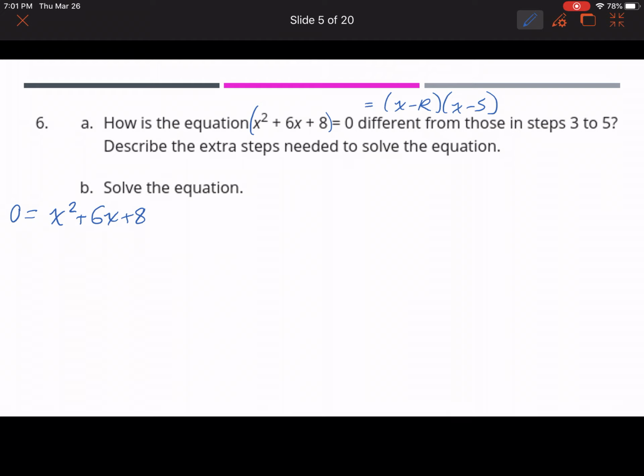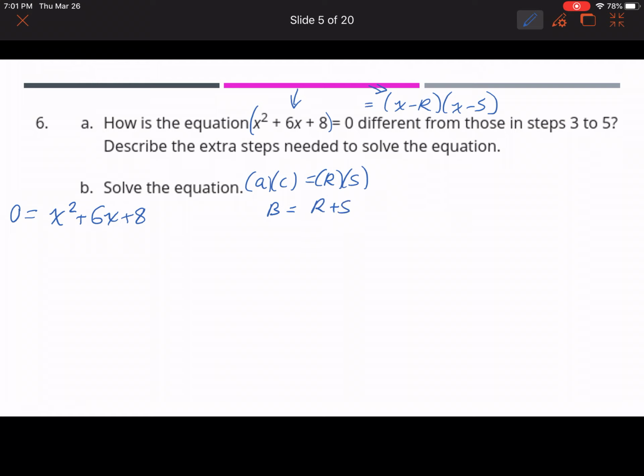Going back to chapter 5, how are we going to make our standard equation look like our roots equation? So remembering our a times c equals r times s, and b equals r plus s.